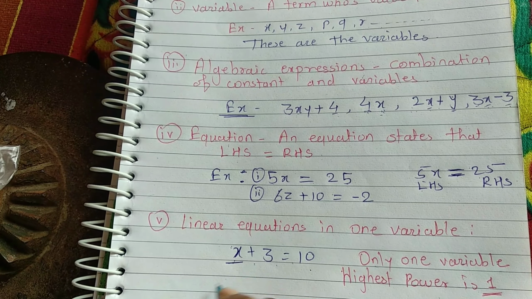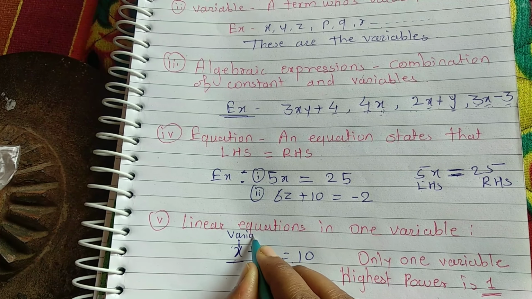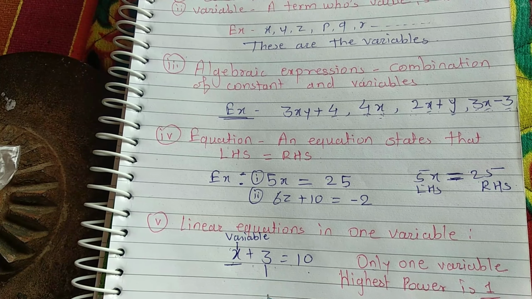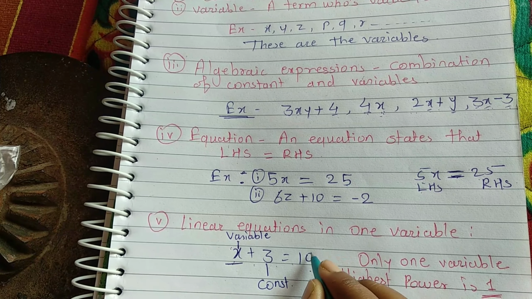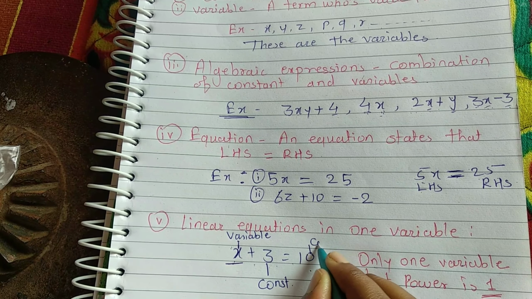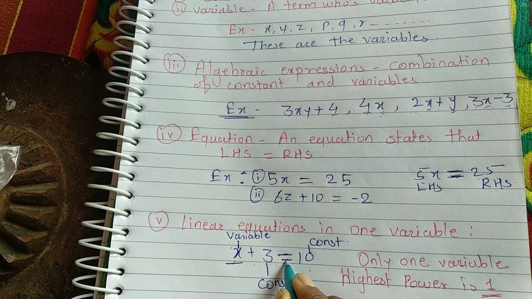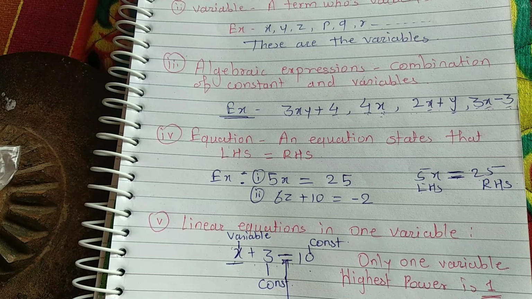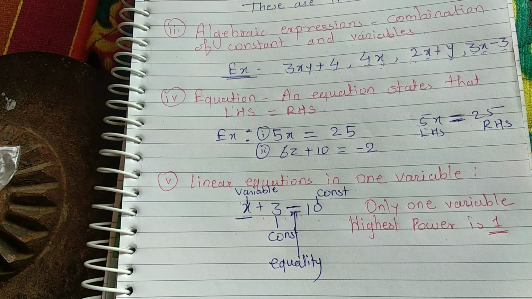So x is the variable, 3 is a constant and 10 is also a constant, and this equal sign shows equality. I think all of you understood.